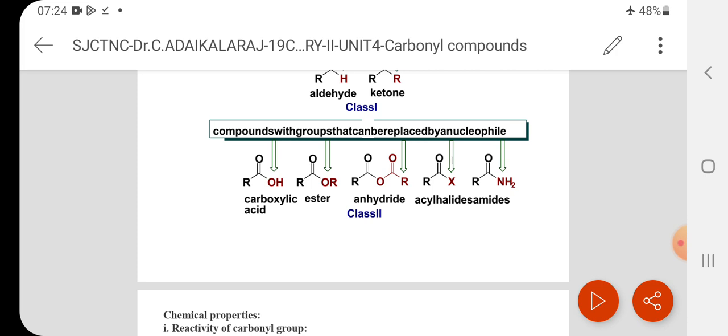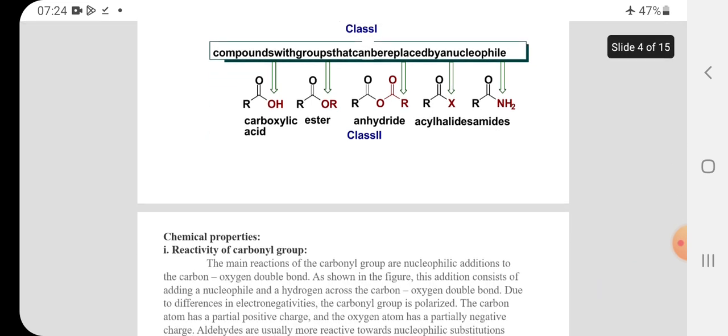Generally, the carbonyl group acts as an electron withdrawing group, but the oxygen and nitrogen containing lone pairs of electrons donate to the carbonyl carbon. So the inductive effect is dominated by the mesomeric effect. Therefore, carboxylic acid, ester, acid anhydride, acyl halide, and amides are easily replaced by a nucleophile.